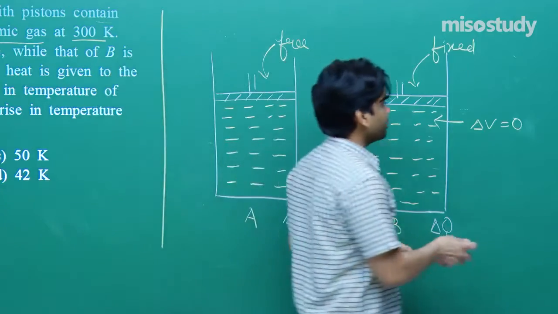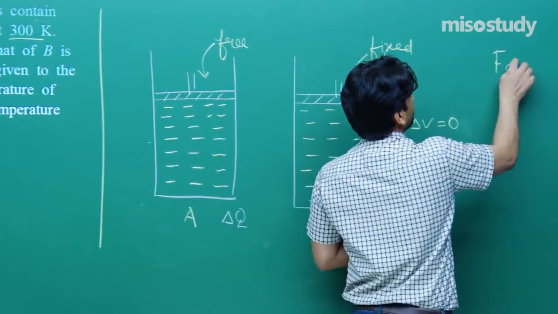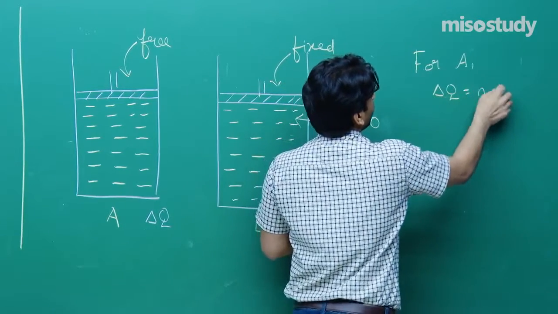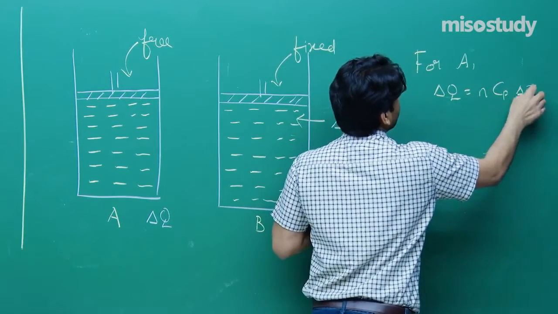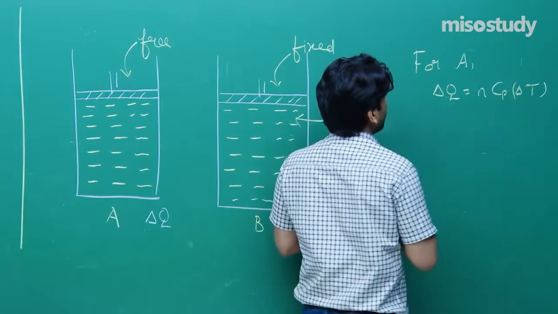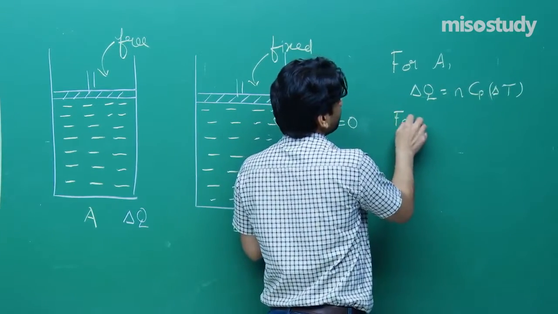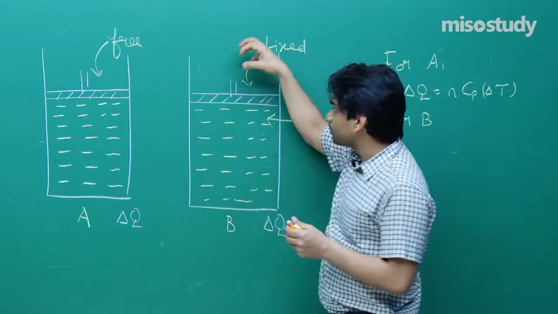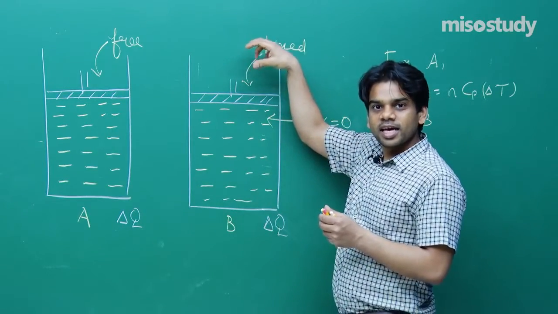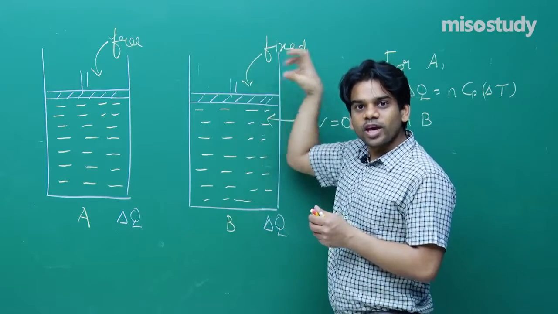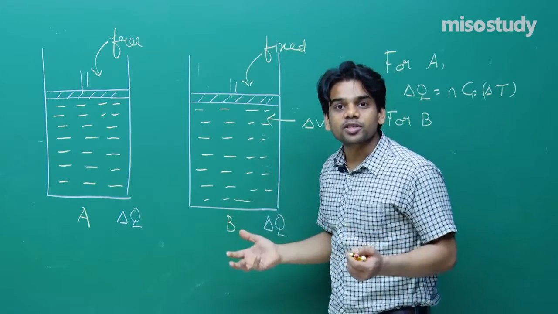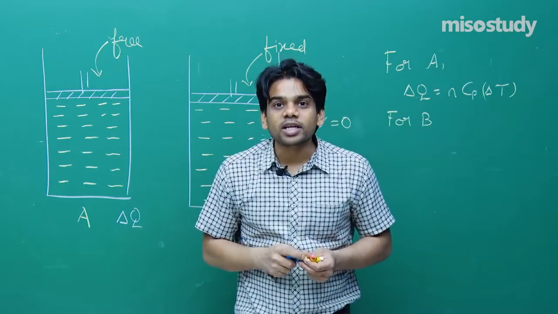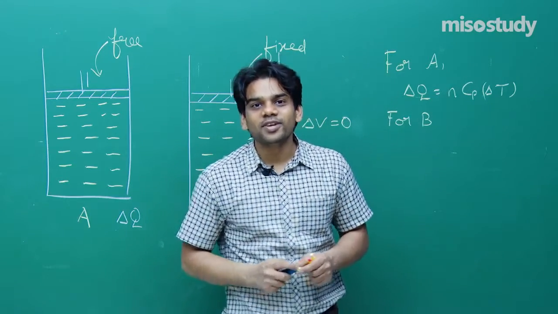So for A, delta Q will be equal to N Cp delta T. For B, you are giving the same amount of heat energy, but you have held the piston at a fixed position. It's not moving up and down. If it's fixed, delta V is 0, that means constant volume, so you have to use delta Q equal to N Cv delta T.